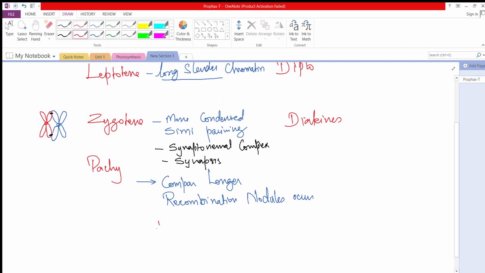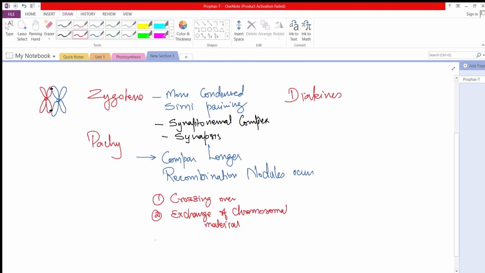Number 1, either we can call it crossing over, or exchange of chromosomal material, or we can also call it recombination.